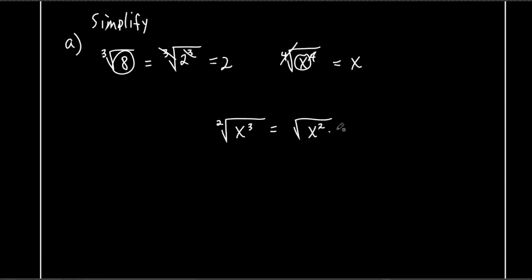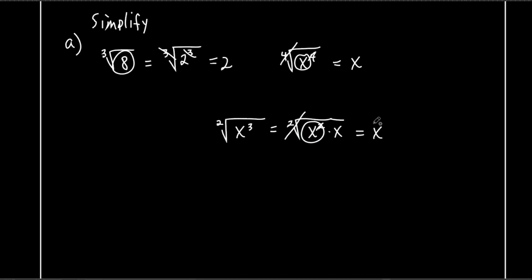Very good. Very good. Okay? Do you see that? So x cubed is the same as x squared times x. Why in the world would I want to write it like that? Because the square root, I'll put the 2 there just to remind you, the square root cancels out with what? This squared. But you got to be careful. What's left over now? This is just left over to be an x, but you still have something else.